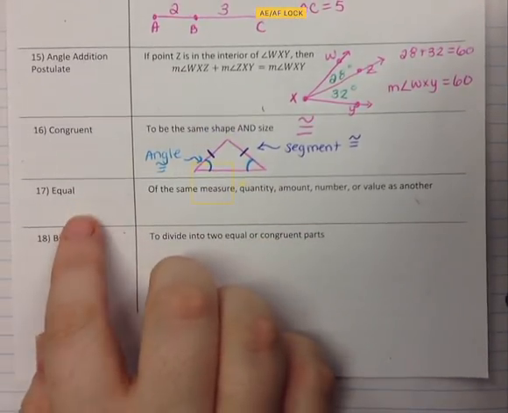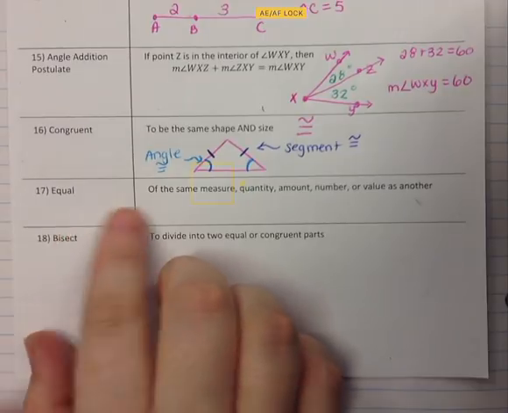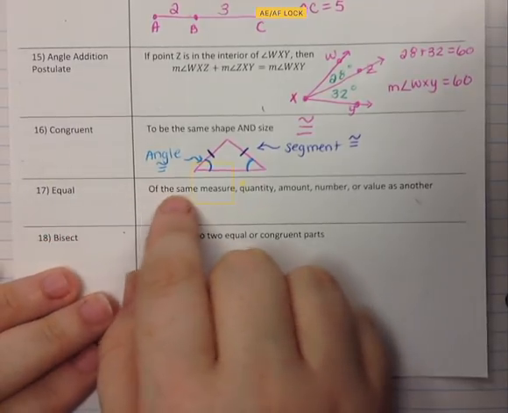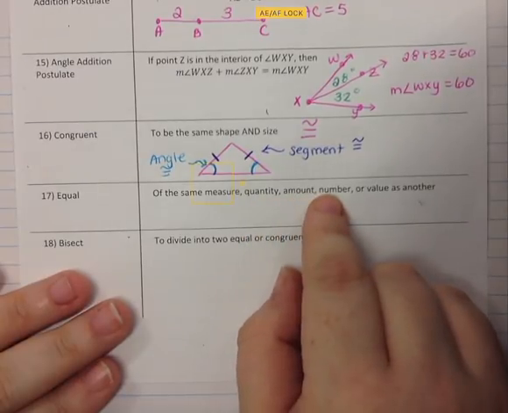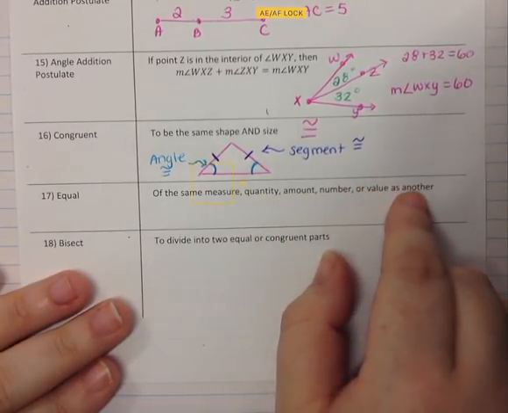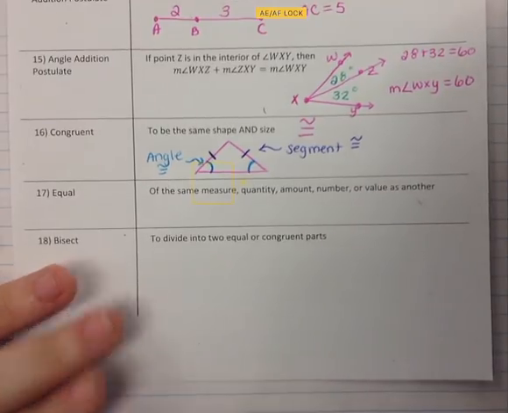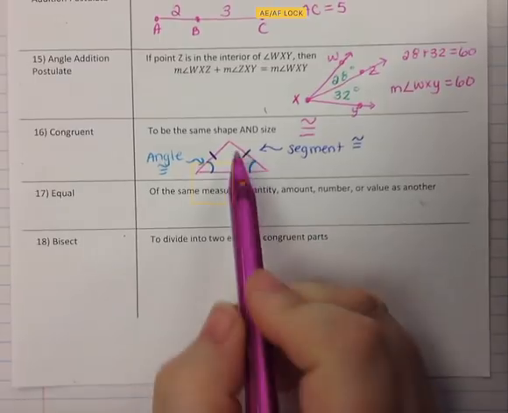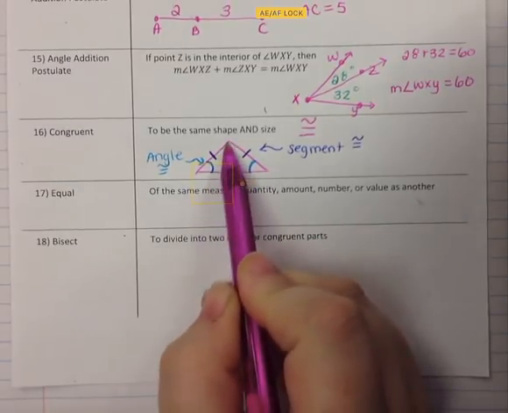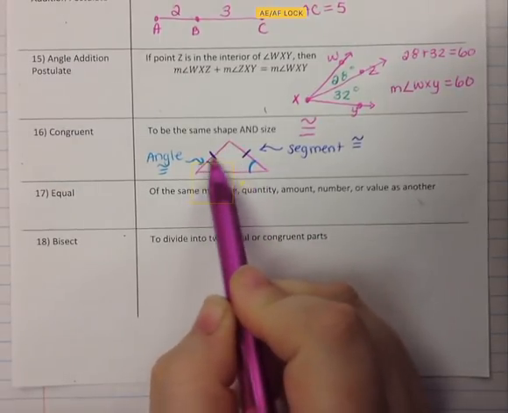The next word is equal. This is something you've seen multiple times. It means of the same measure, quantity, amount, number, or value as a number. We say that numbers are equal and things are congruent. So this is a thing, this is a side, and this is an angle, this is a thing.